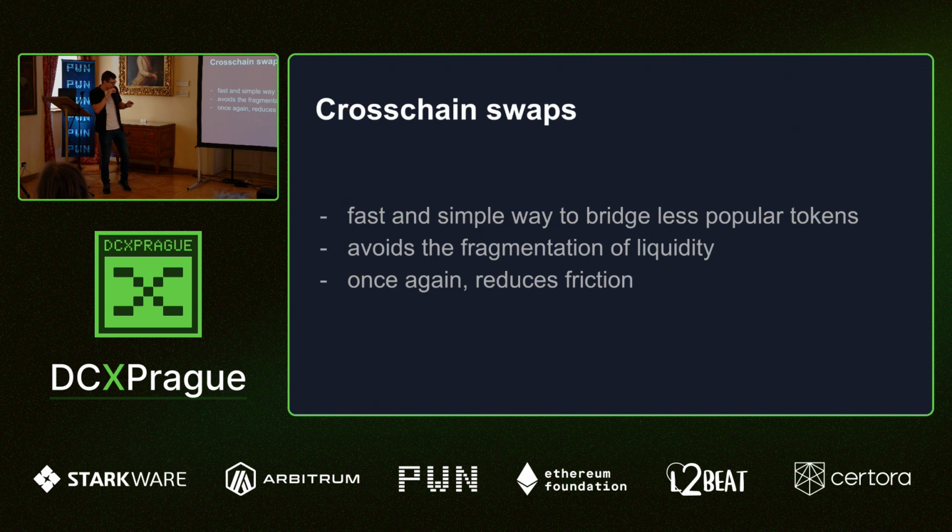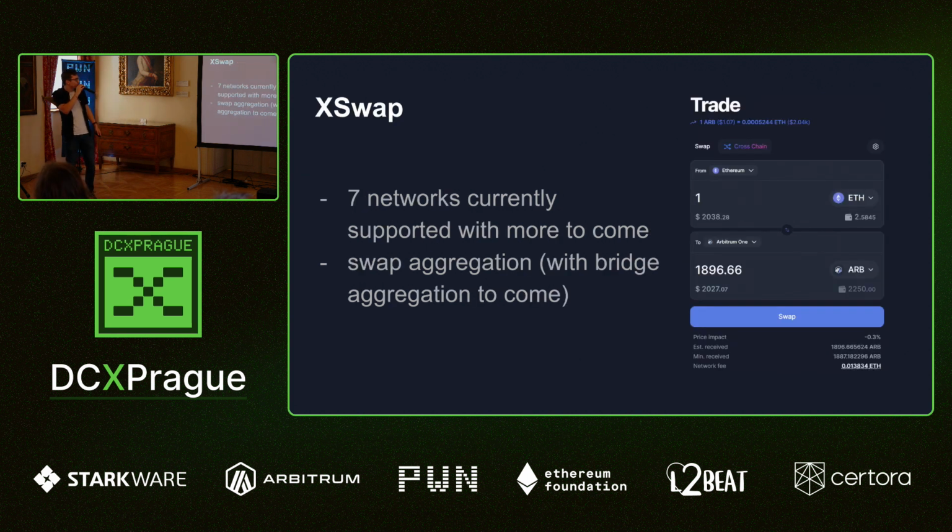Yeah, so that's what I'm going to be talking about for the rest, because Sushi has a cross-chain swap product. It's called XSwap. It's pretty simple, I would think. You just select your source chain, your source token, and then you select the destination chain and the destination token. As you can see, you can choose pretty much any token you might want, and any token that has liquidity on both chains.